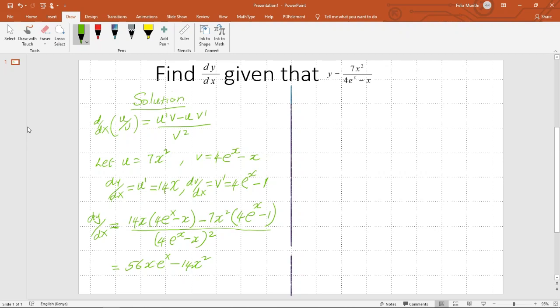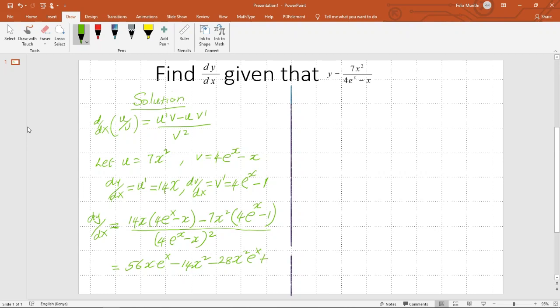Then minus 7x squared times 4e^x will give us 28x squared e^x, and the last one is minus 7x squared times negative 1.